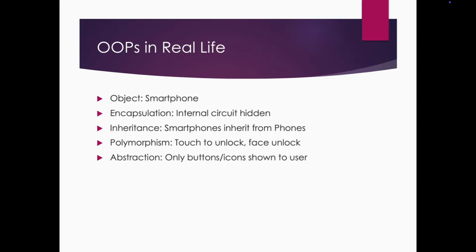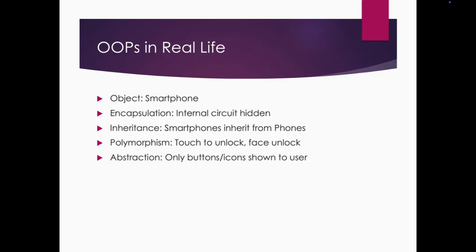Okay, so let's understand OOPs in real life. I have given you one example, a smartphone. If you talk about encapsulation, the internal circuit is hidden from you because that is crucial information, so it is hidden with the covers and all. That is encapsulation. And inheritance: a smartphone inherits from the phone.